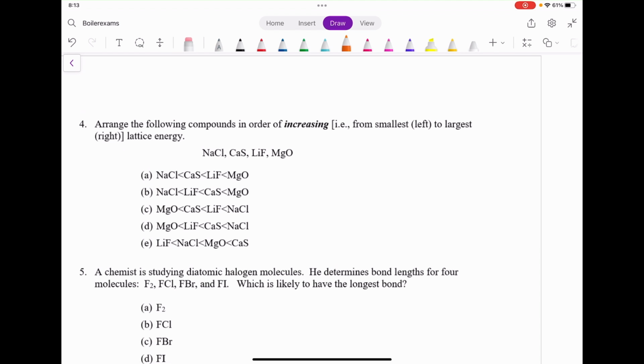Question 4. Arrange the following compounds in order of increasing lattice energy, smallest on the left to largest on the right. Lattice energy is going to be dictated by Coulomb's law.